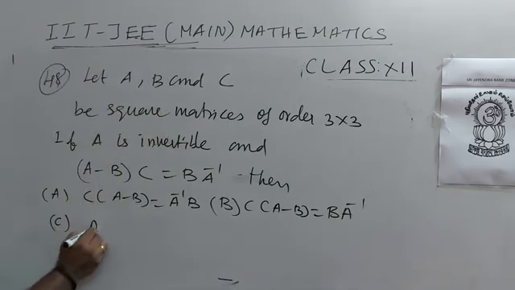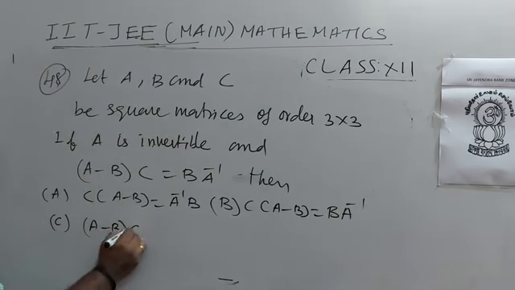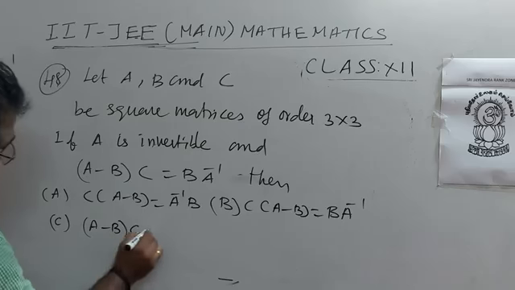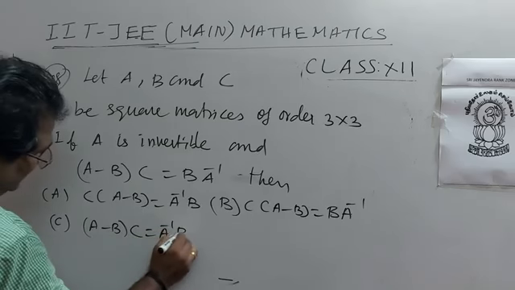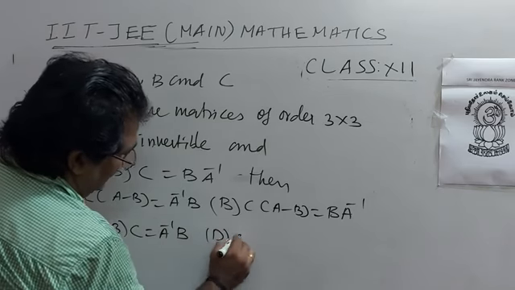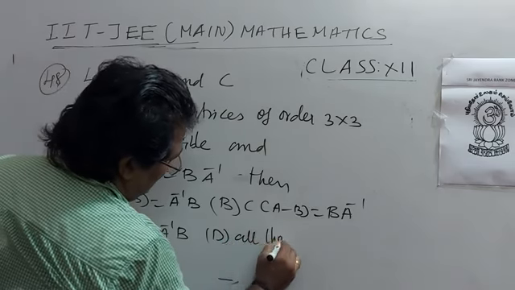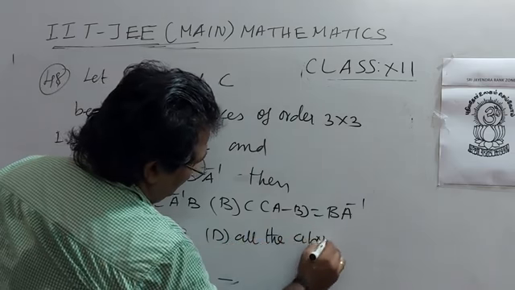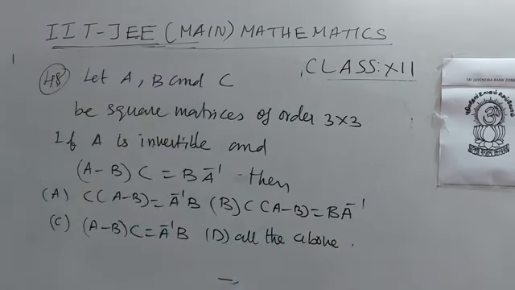Option C, (A minus B) into C equals A inverse into B. Option D, all the above.